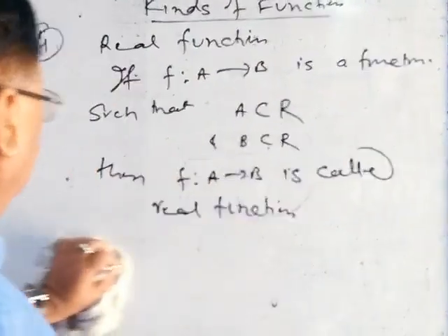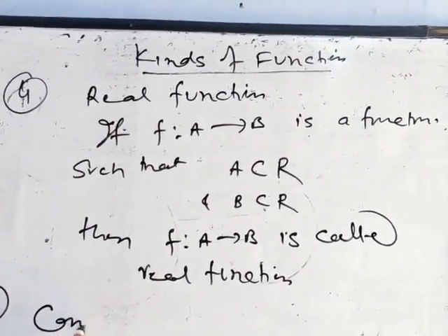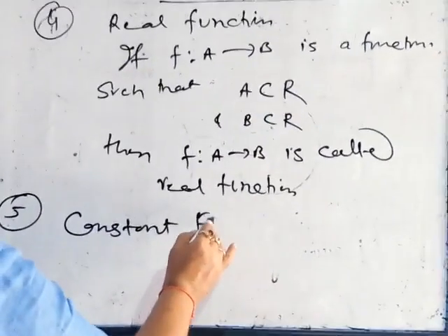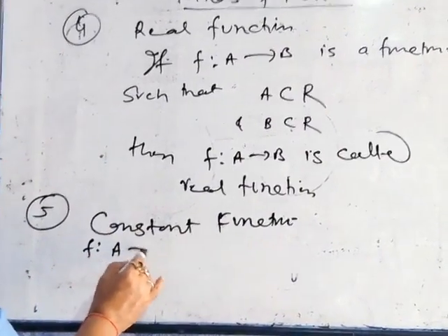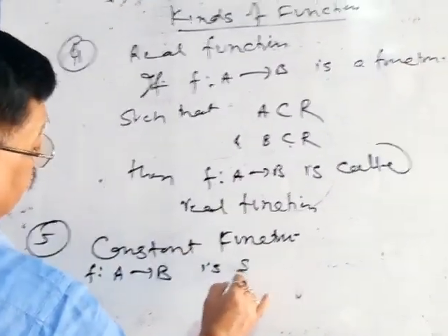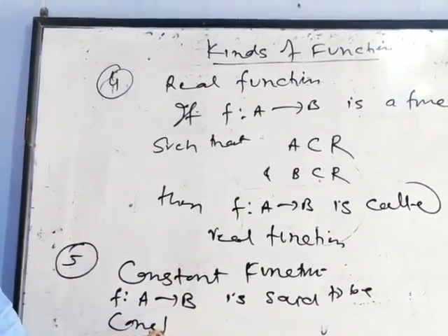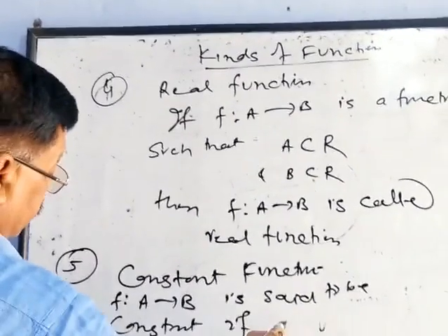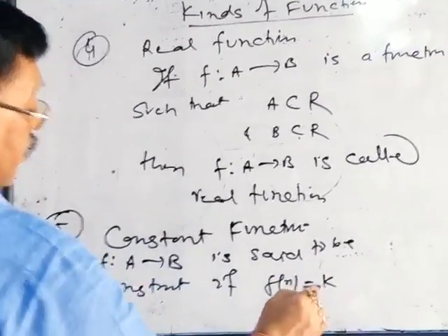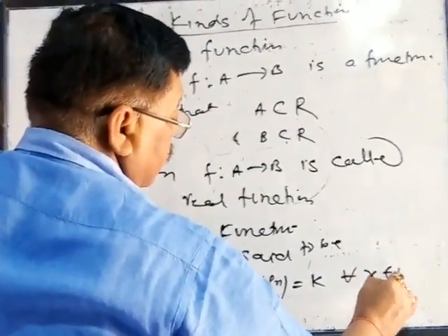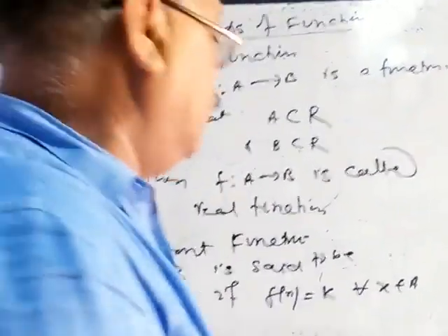Now what is a constant function? A function f: A to B is said to be constant if f(x) is equal to k for all x belonging to A. For all x, if it is equal to k, that is called a constant function.